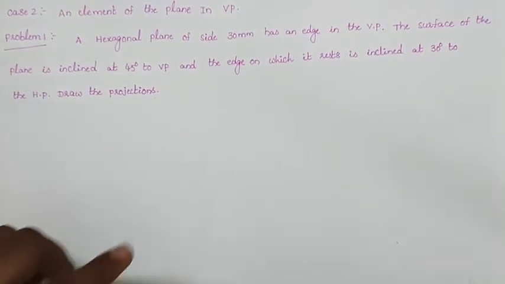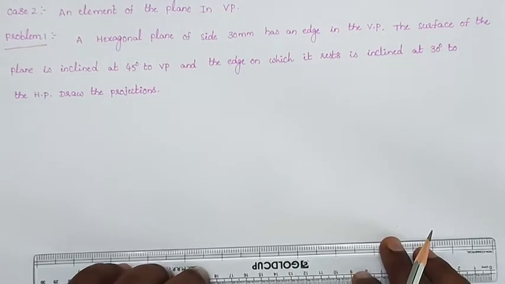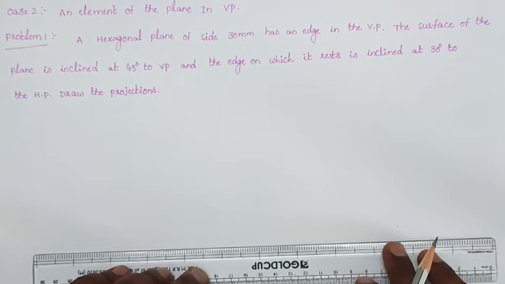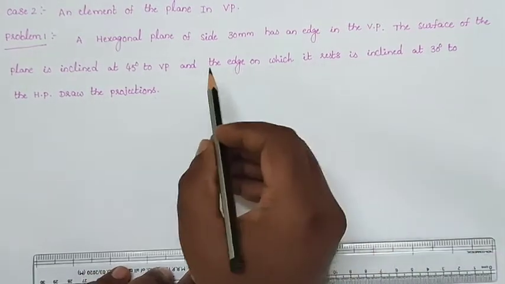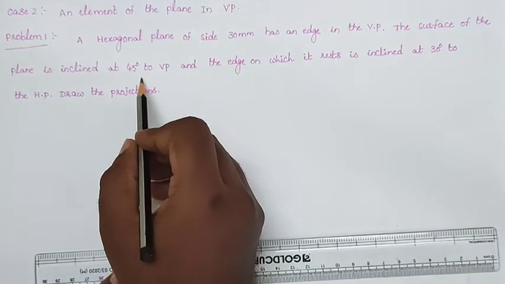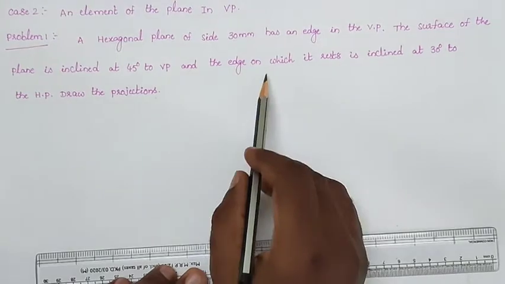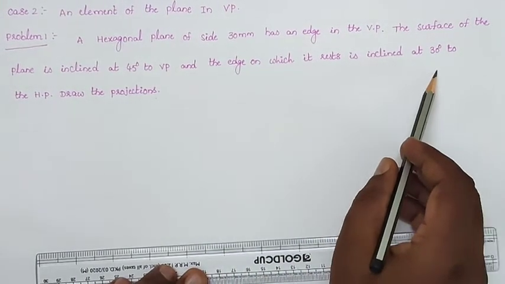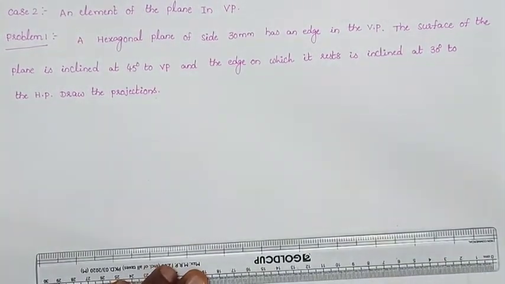Here is a type of problem they are giving: a hexagonal plane of side 30 mm has an edge in the VP. The surface of the plane is inclined at 45 degrees to the VP, and the edge on which it is resting is at 30 degrees to the HP.